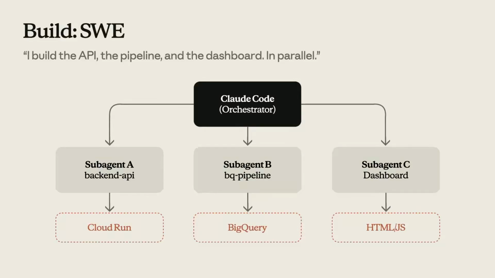As you can see here, we are going to spin up 3 different sub-agents: one for the API, one for the ingestion pipeline, and one for the dashboard. And you can parallelize the implementation of each of these components, just like you run a team sprint in your usual development life cycle. So let's see this in action as well.